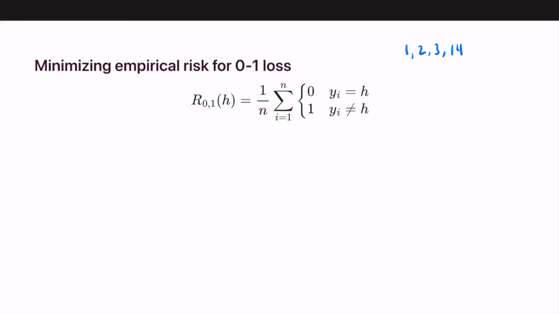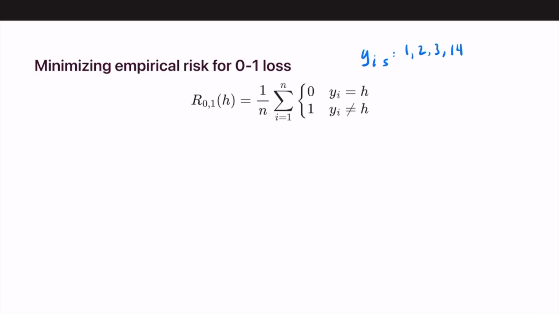So for any h, if that h is equal to yi, and these are our yi's over here, and our h, any h we choose really, we can test, but if we choose 1, we have 1 when it's 1, 0 for 2, 0 for 3, and 0 for 14. If we were to choose 2, it'd be 0, 1, 0, 0, and so on and so forth.